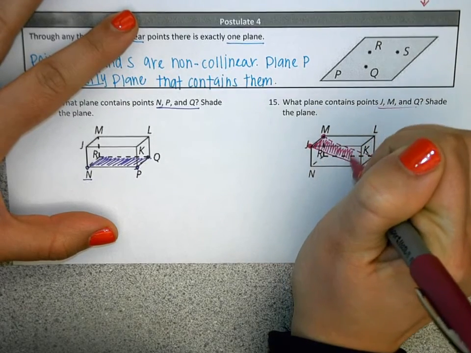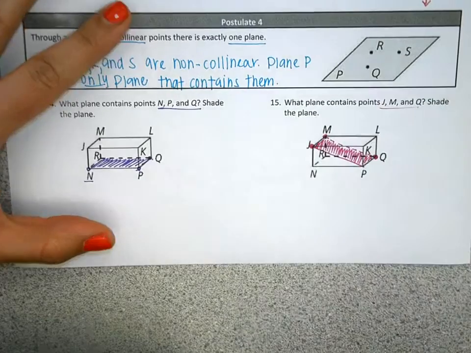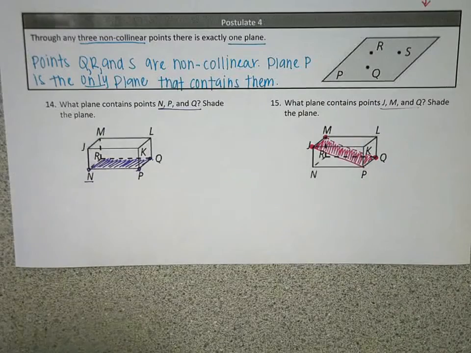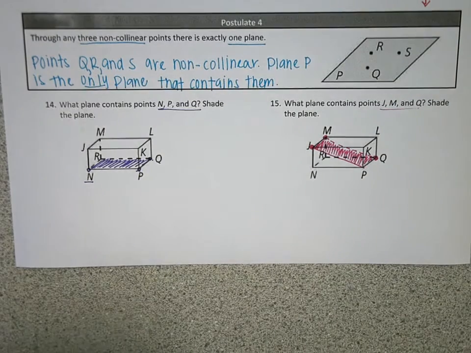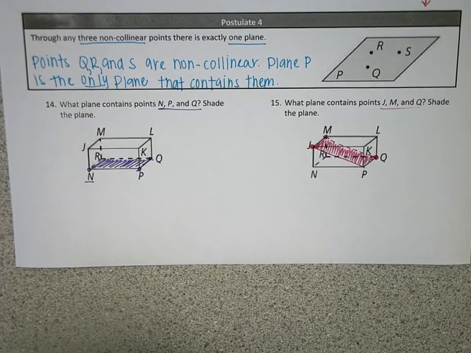So it's like if I had a shoebox or this Kleenex box, the plane is the one that goes through the diagonal. If you cut it into a ramp. It's like the ramp that goes through the box. Okay, I think there's one like that on your homework, so just so you're aware.